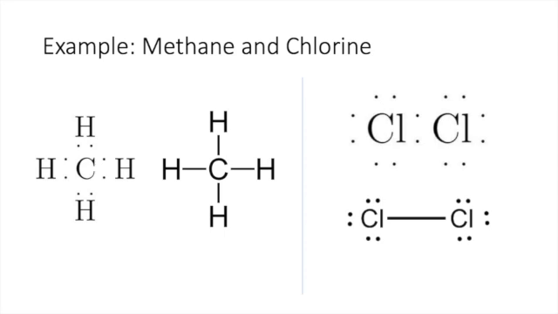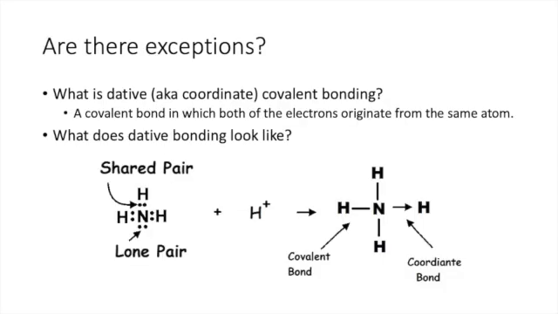And so both chlorine atoms have 7 electrons, and they're trying to fill their valence shell with 1 more electron to get that octet. And so they're going to form 1 covalent bond, and both atoms share a pair of valence electrons, allowing both of them to have that full octet.